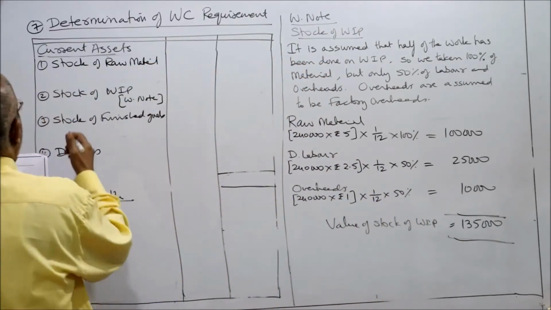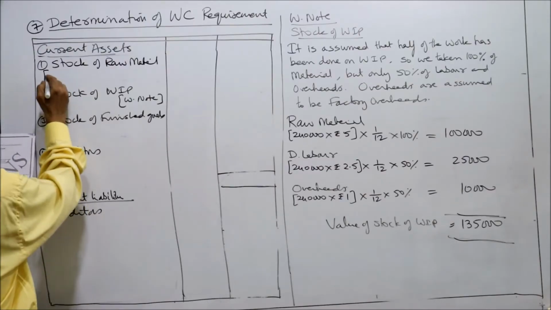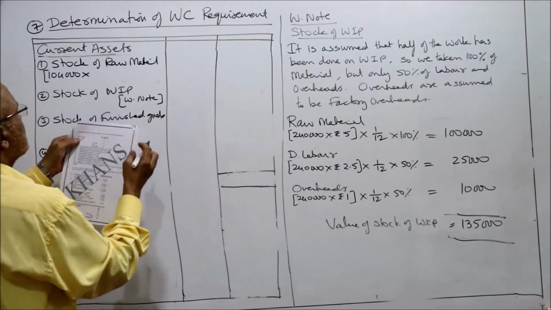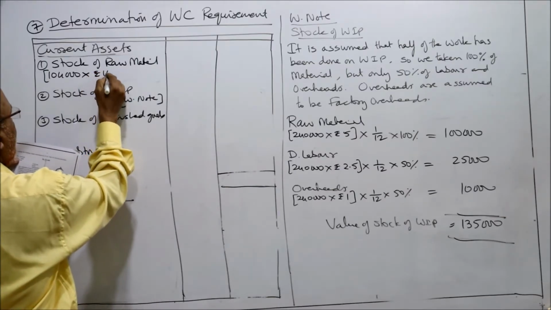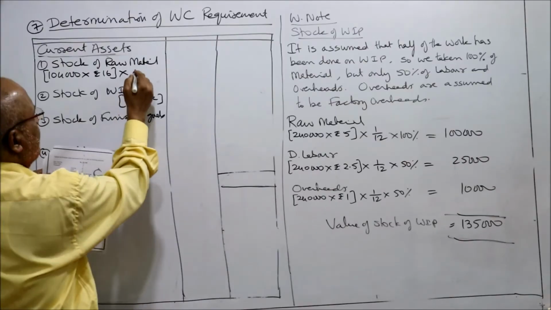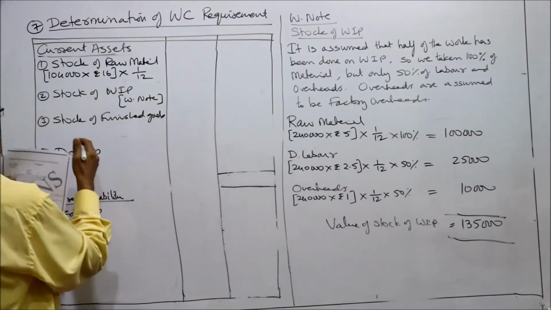How many units are we making? 1,04,000. 1,04,000 into what is the raw material cost? 16 rupees. What is the duration of raw material storage? 1 month. Work in progress will calculate in working notes. Stock of finished goods.